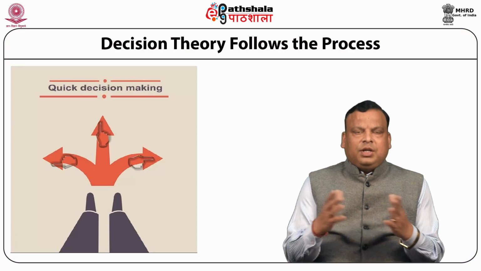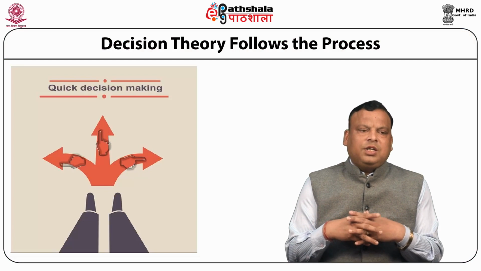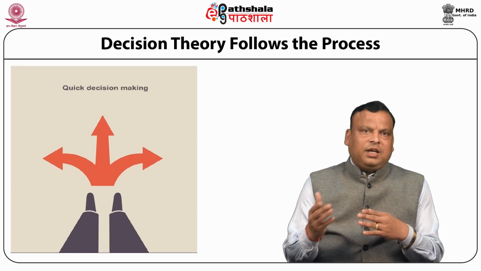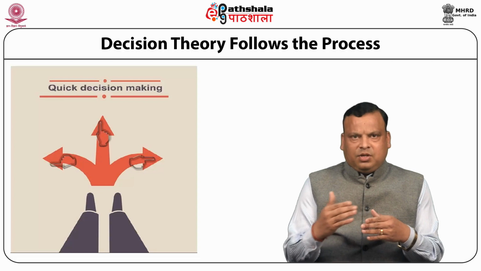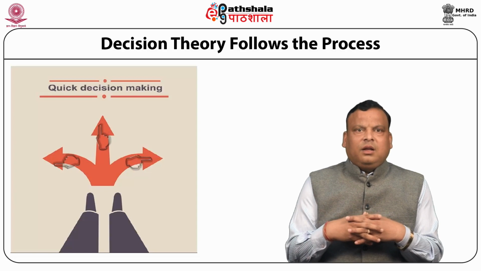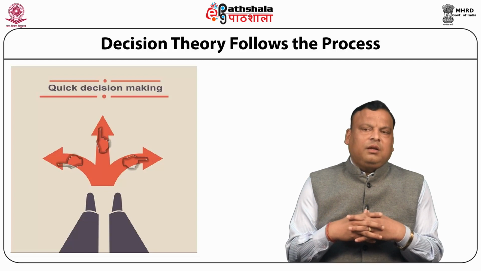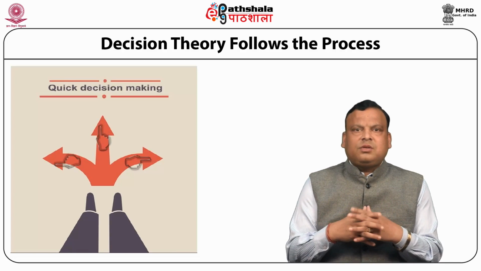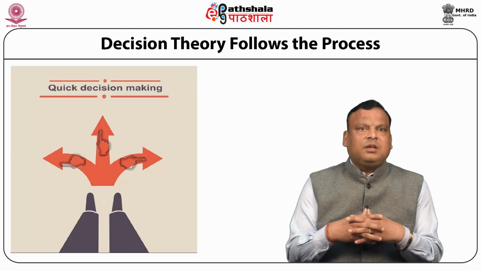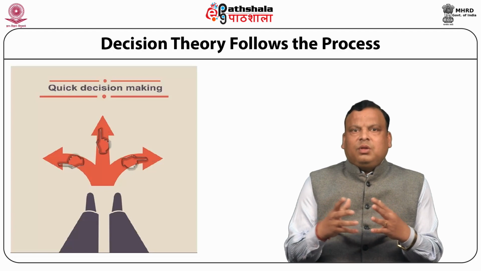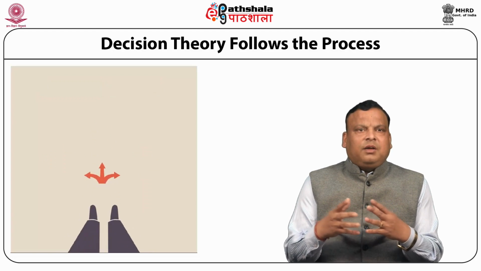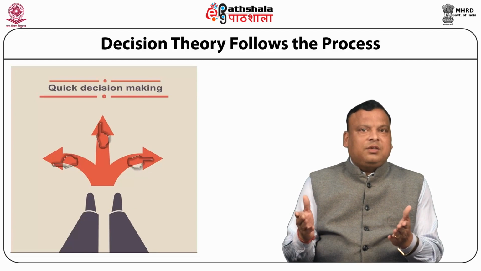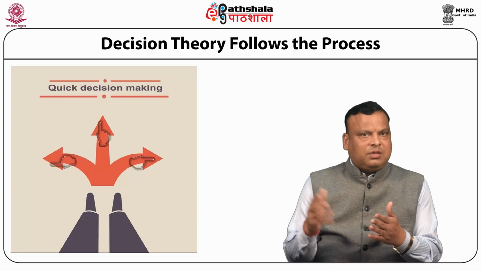So now I am going to discuss with you the decision theory under uncertainty. In this case, a complete process has to be adopted. Like at number 1, the decision maker must identify all possible outcomes, or you can say events. Number 2, the decision maker must identify all possible strategies or courses of action in view of the possible outcomes.